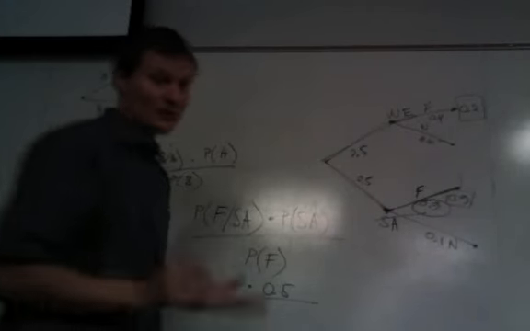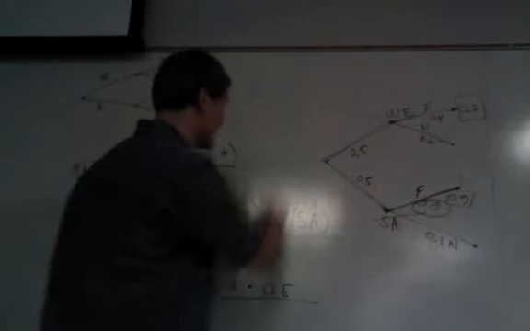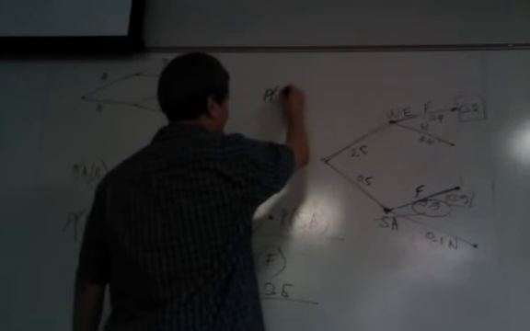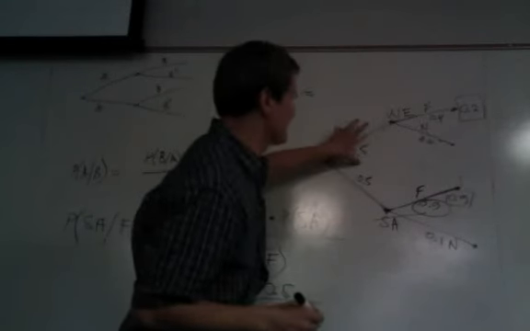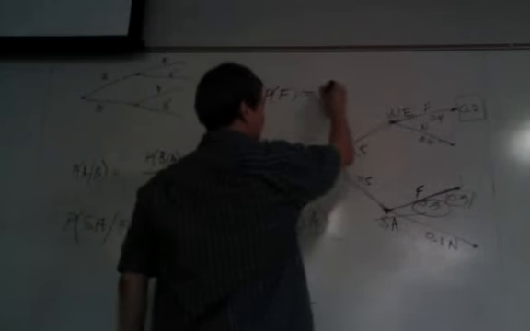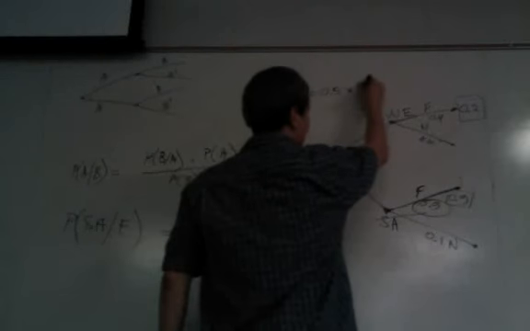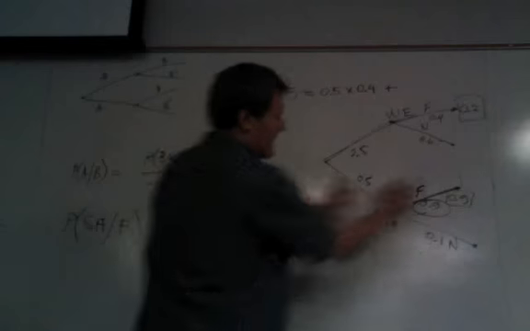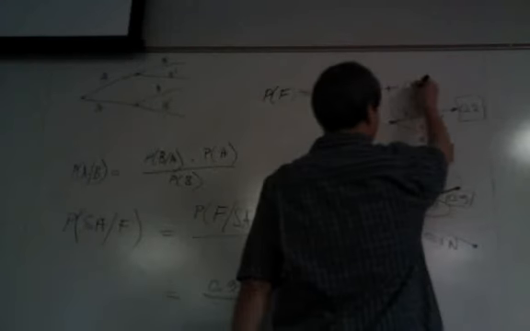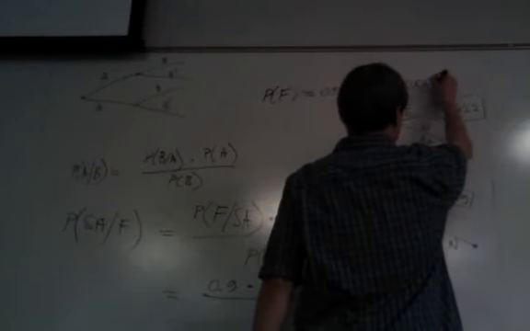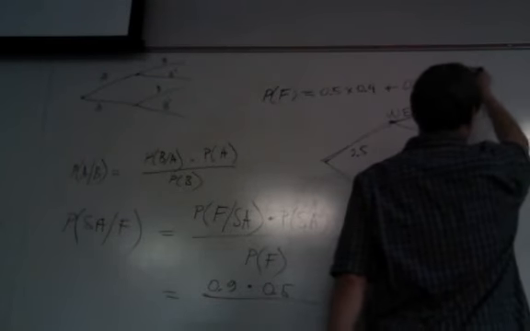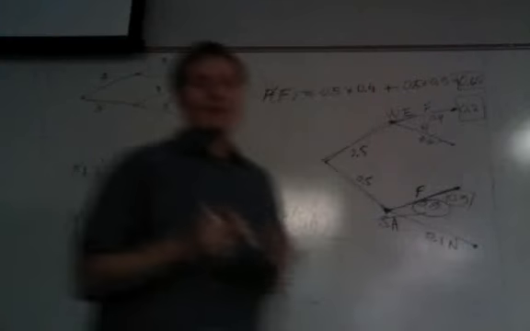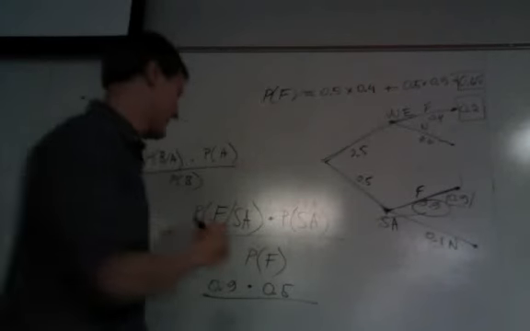Let's do it again. This is equal to the probability that somebody is in Western Europe and following the event, plus the probability that they are in South America and following the event. And that sums up to 0.65, or 65%.